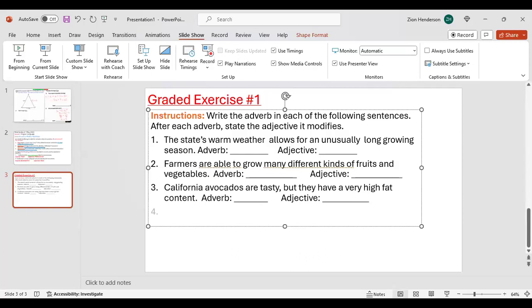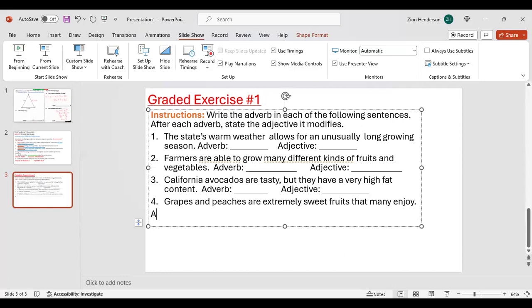Number 4, grapes and peaches are extremely sweet fruits that many enjoy. I want you to tell me the adverb and the adjective.